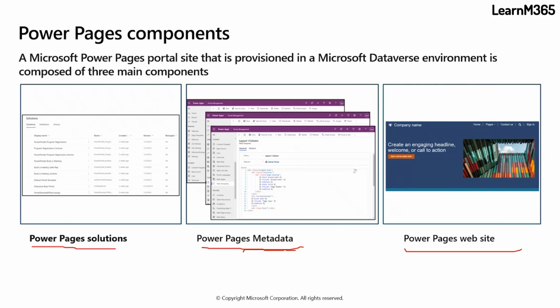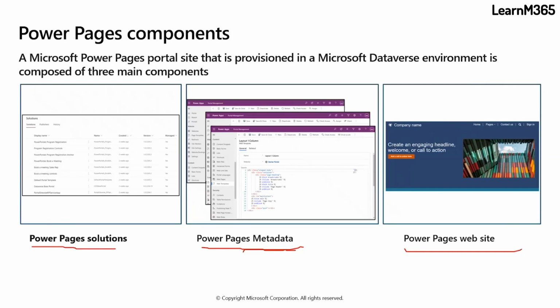Okay, and when we talk about this Power Pages website, it is like a Microsoft Azure web app is configured to run the portal site by using the portal solution and metadata, and the web app is automatically configured in the same region as the Dataverse environment. So this web app is accessible through a unique URL that is specified during the provisioning process.